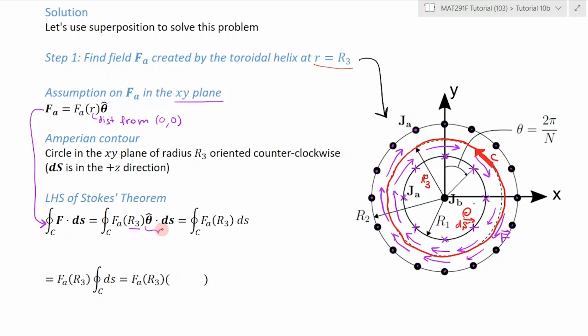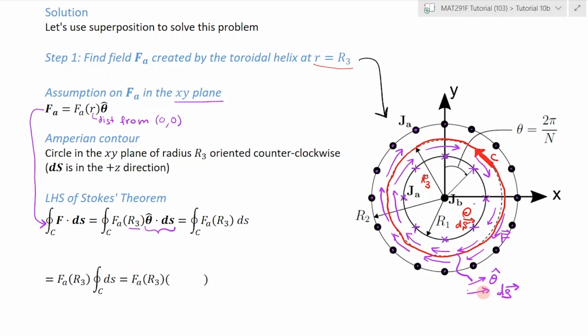Now, this theta hat dotted with ds, let's see what it is. Theta hat is in this direction, right? So this is the picture on the contour. Theta hat is in this direction. ds is also in the same direction.